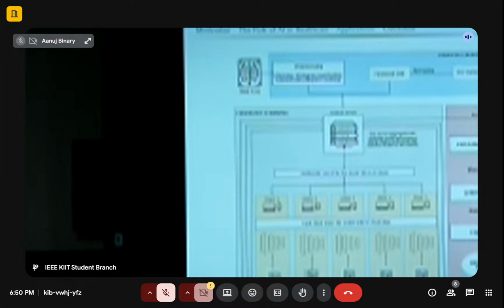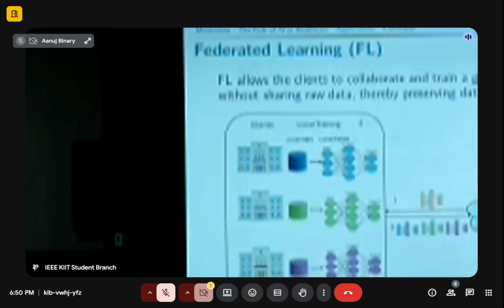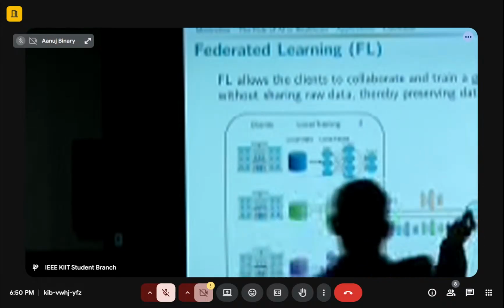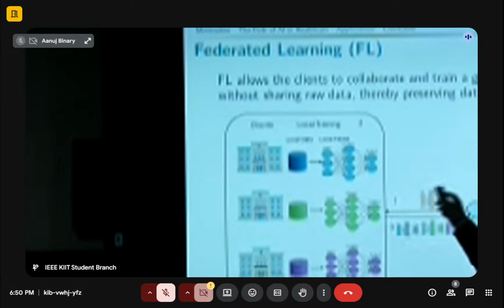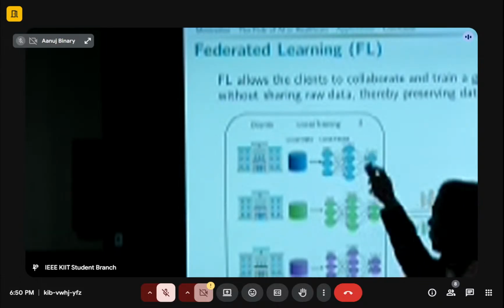So here you can see, as I have discussed in the previous slide, we have a local model and the global model. The global model will share their weights to the local model. Please remember, only the model is shared, in the form of weights, to the local model.